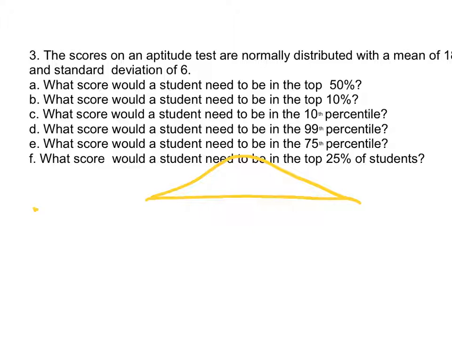Well, top 50% would mean definitely to the right of the mean, to the right of mu, because the mean and the median are in the same place if it's a perfectly symmetrical normal curve. So that was not in the videos.